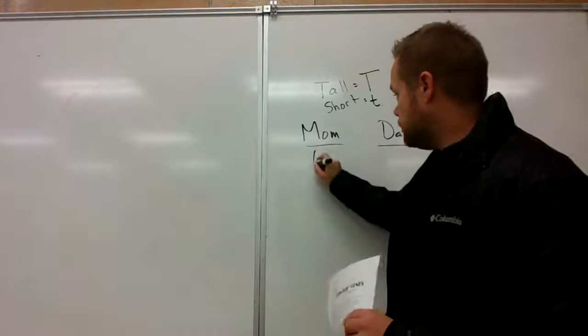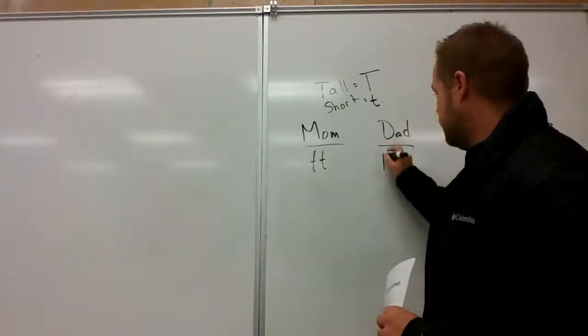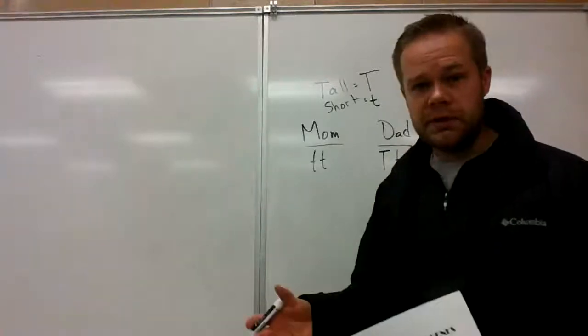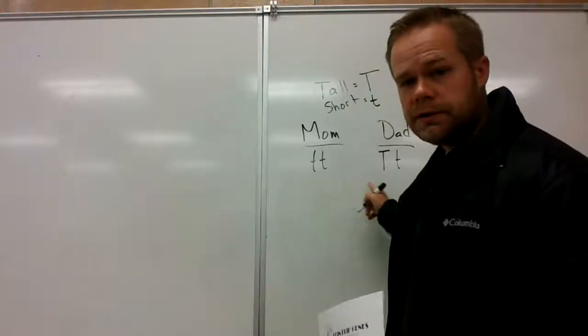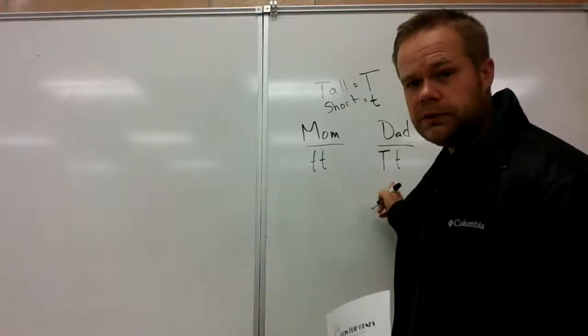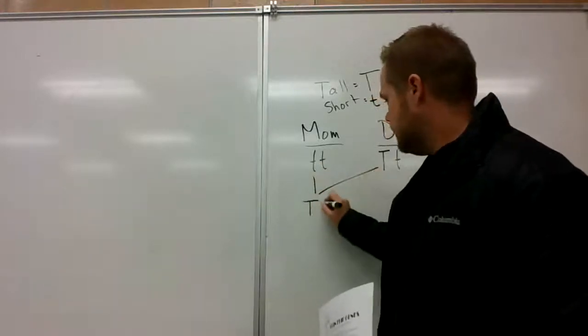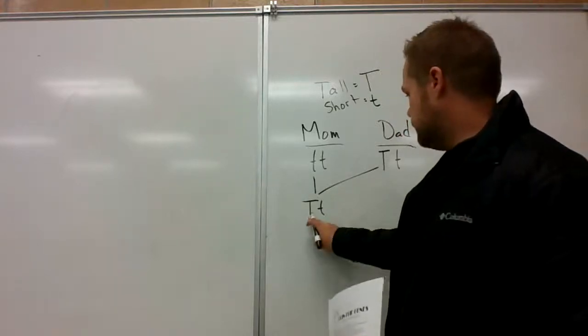So let's say that mom is short, so she's recessive, and dad is tall, and let's say he's dominant recessive. Remember that when they have a child, for every single trait, mom gives one of those two alleles and dad gives one of those two alleles for every gene. So for this one, if mom gives this and dad gives this, the child would have that, and they'd be tall because the dominant always goes first.